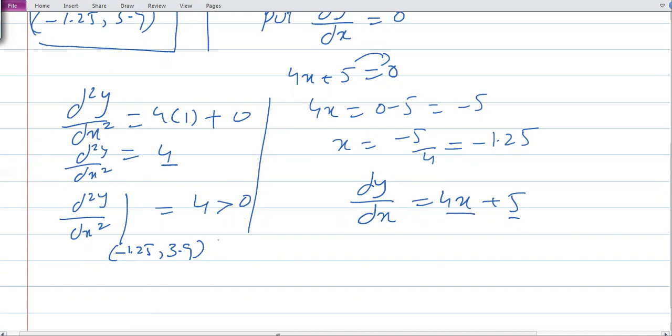When you get a positive answer, the stationary point is minimum. If you get a negative answer at this step, then the stationary point will be maximum.